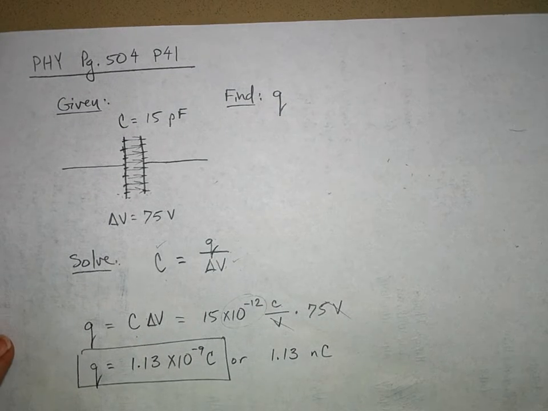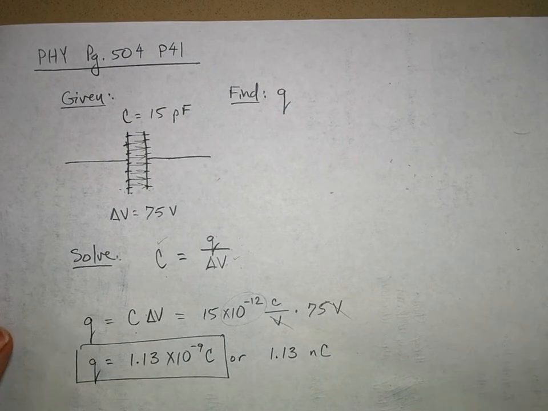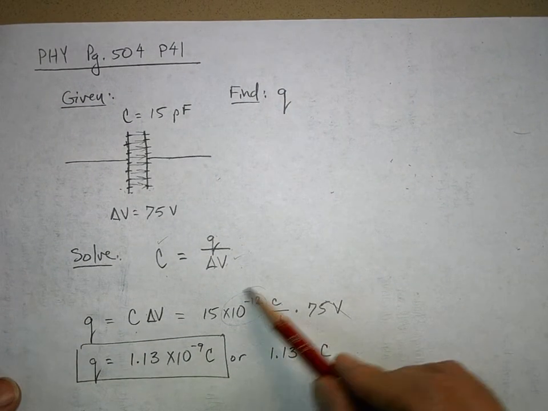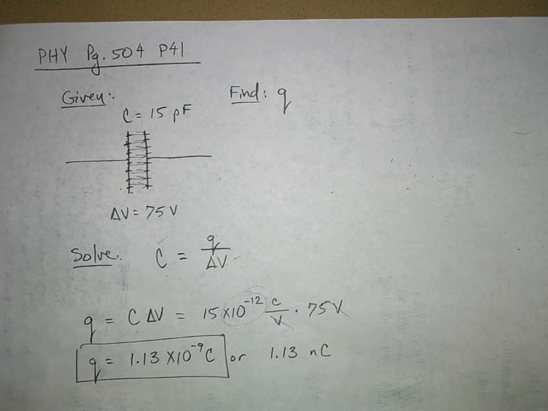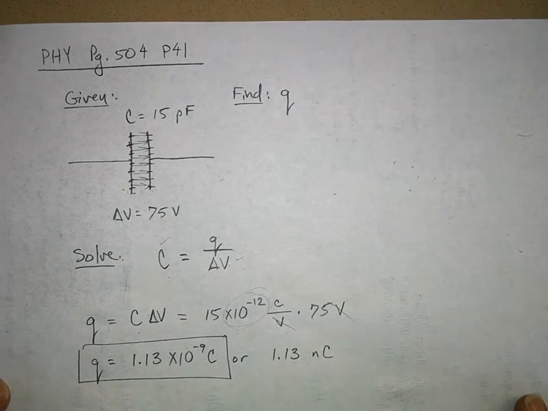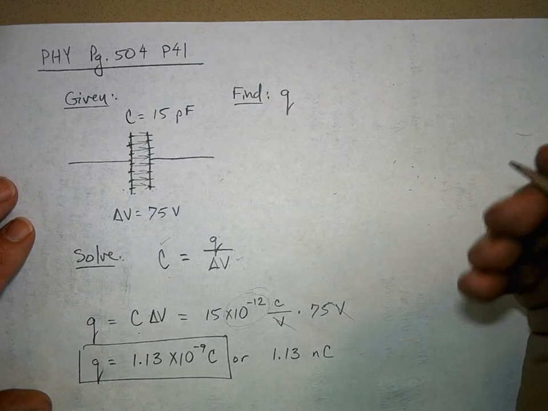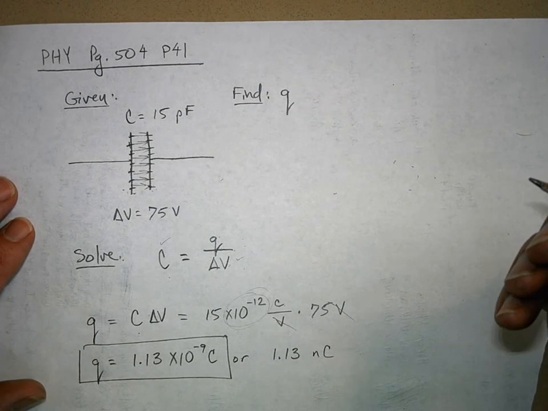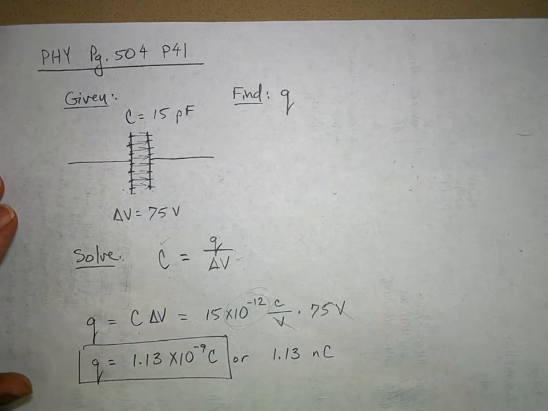So pretty simple problem, except that some people didn't know that pico meant times 10 to the negative 12, so you should know that. Remember, we have a couple of prefixes that we use a lot with electricity and magnetism, especially with capacitors.